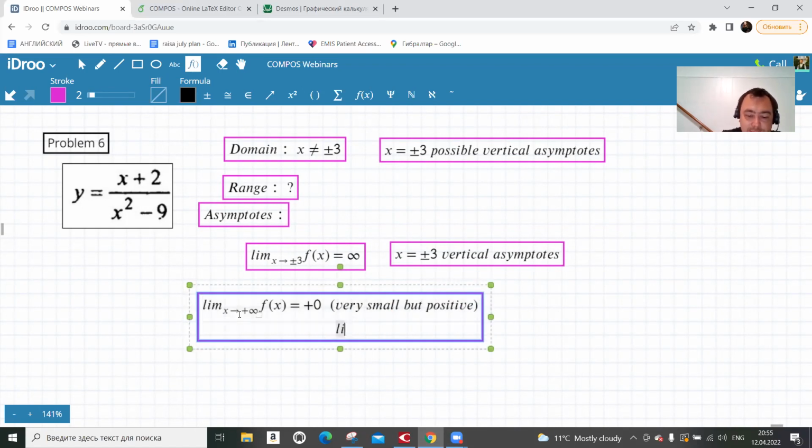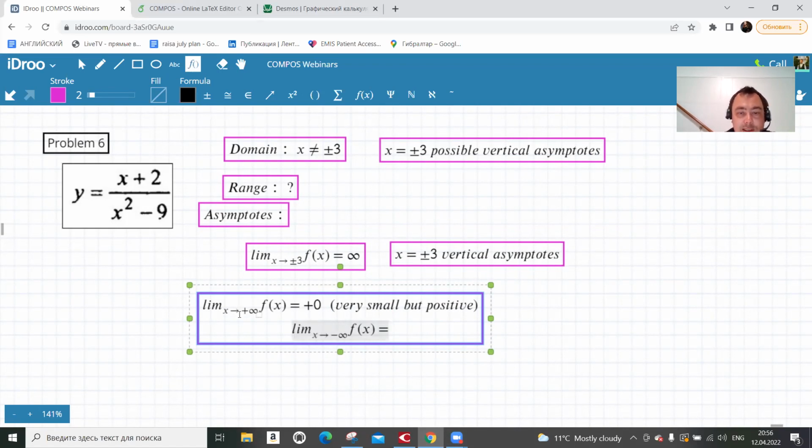And the limit as x tends to minus infinity of f of x equals minus 0: very small, but negative.